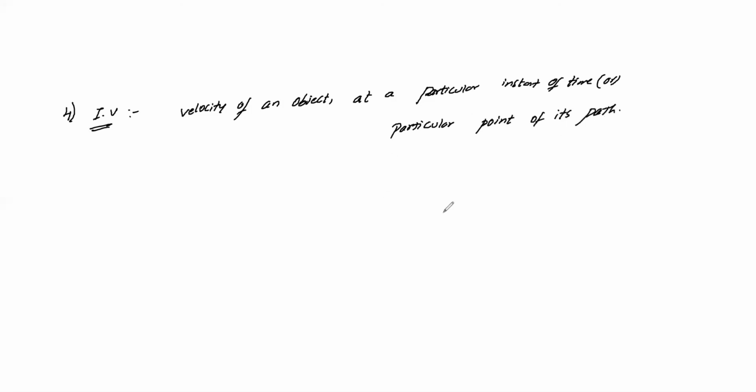Same as earlier: when you want to find the velocity at the initial point and the final point, the change is the difference in displacement, S2 minus S1, as well as the time period, T2 minus T1.